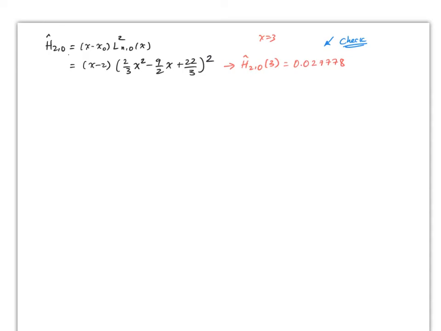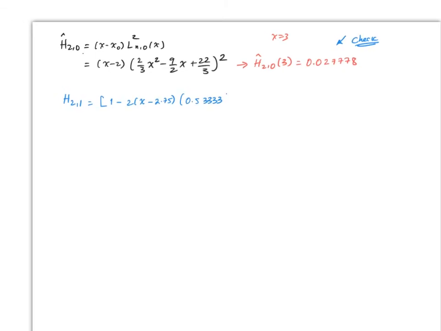So now the rest is going to be exactly the same. To find H21, this is going to be 1 minus 2(x minus x1), but x1 is 2.75, times the derivative of L21 evaluated at 2.75, which is actually 0.53333.